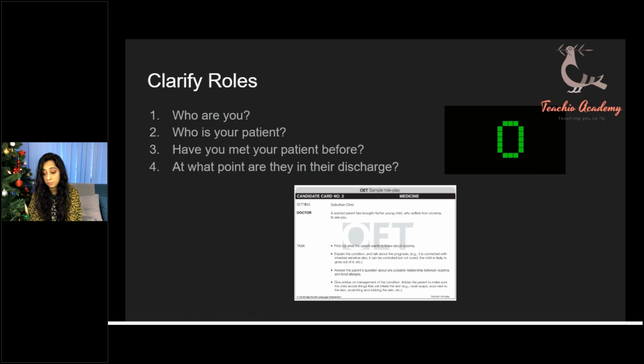This is actually quite important. So type into the chat window how you would introduce yourself to a patient who's been admitted in your ward for some time and is now getting discharged today. We'll give everyone about 3 minutes.